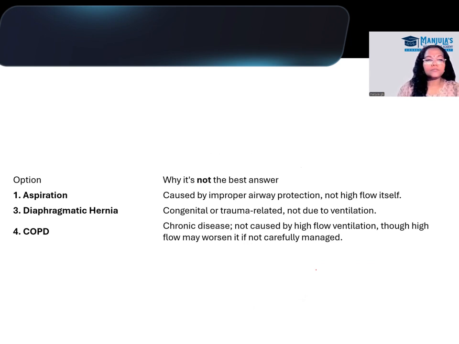Now, the other options were aspiration. Aspiration happens if you have improper airway protection, but not because of the high flow. Diaphragmatic hernia has no association with the ventilation. It is trauma related or congenital. COPD is a chronic disease. It has nothing to do with high flow ventilation.